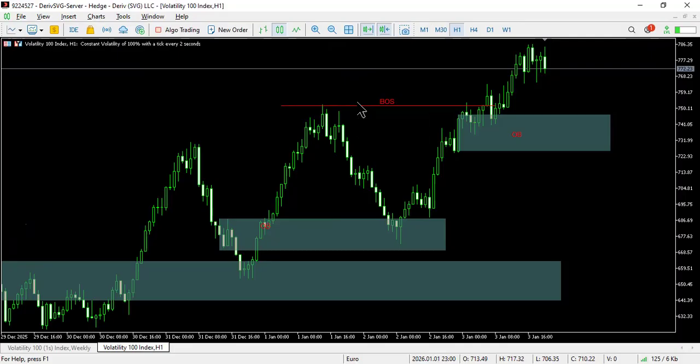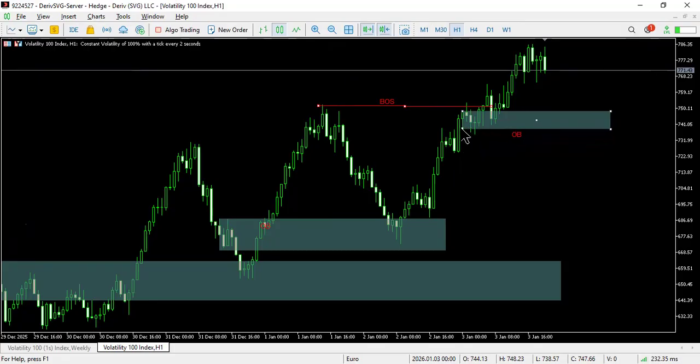If we come to our 1 hour time frame, which is our entry time frame, from the 1 hour, adjusting our order blocks, that is there, a break of structure that we have in the order block, and it's looking like price is coming back to mitigate our order block.